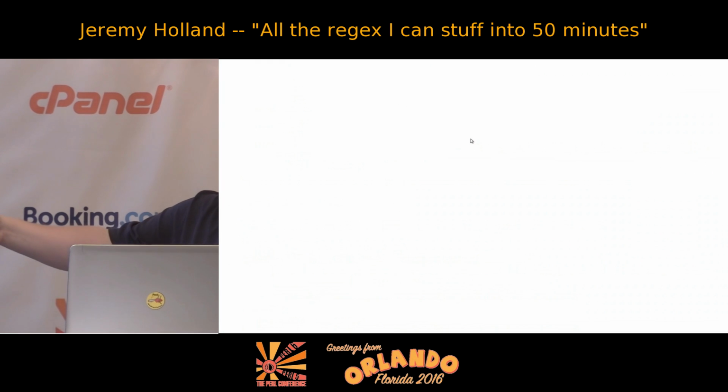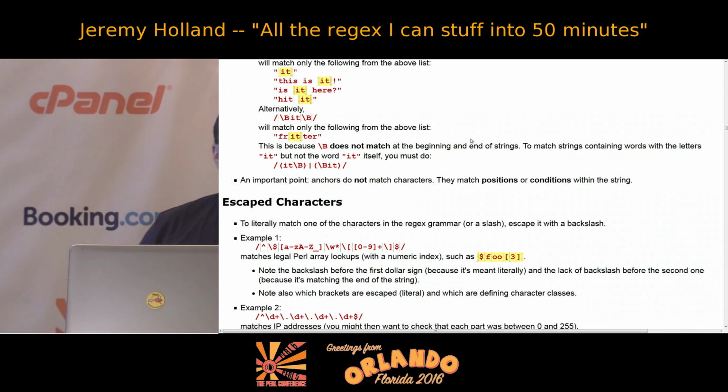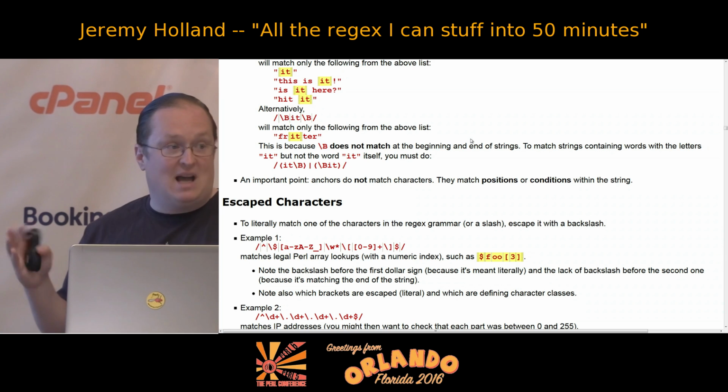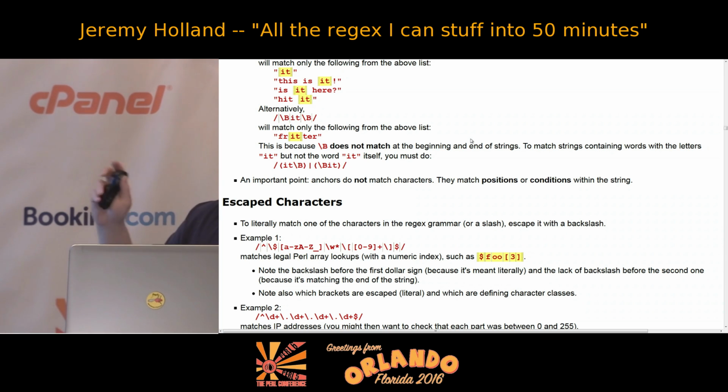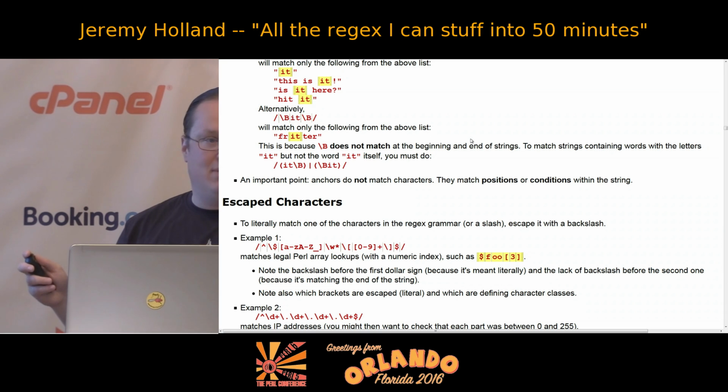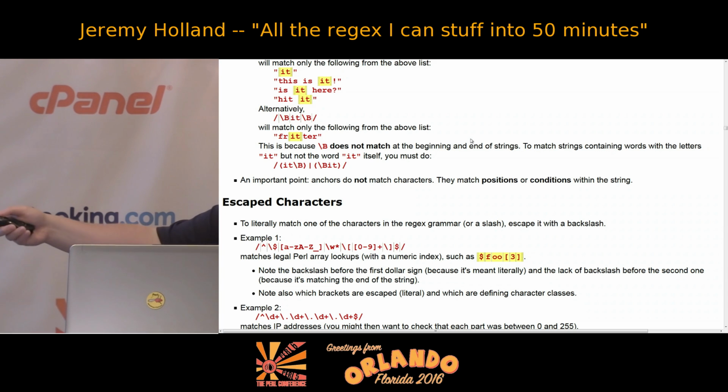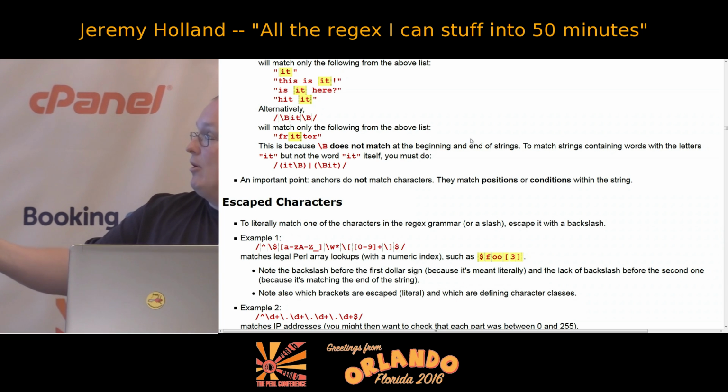Or you can use \B, which remember, for most of these things, the capital is the opposite. So that's a non-word boundary anchor, meaning not the position between a word and a non-word. So this will match strings where "it" is not at the beginning or end of a word, so it has to be in the middle of a word.